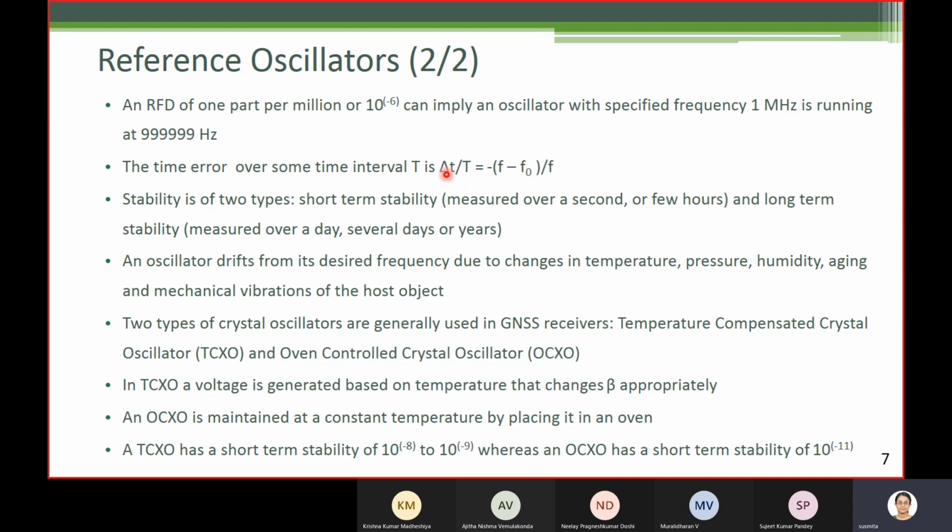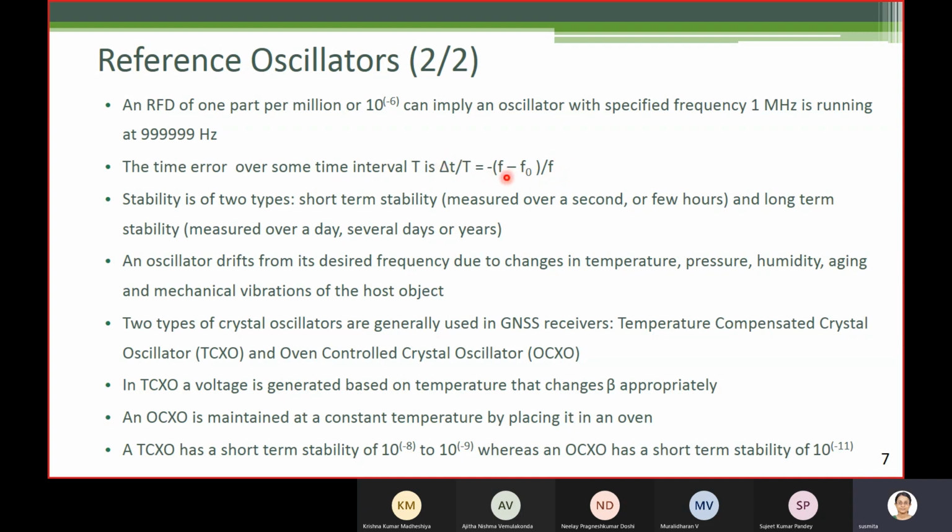Actual time is more than the time reported by the oscillator, because by design the oscillator will always say 1 second has elapsed when f naught oscillations are over. So whether f is more than f naught or less than f naught will eventually result in time error.